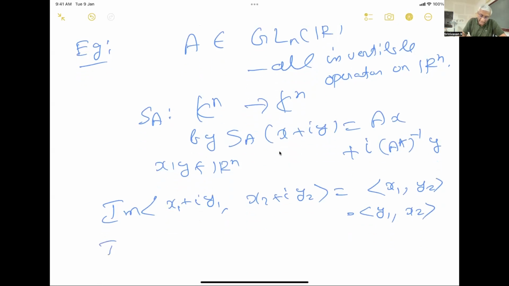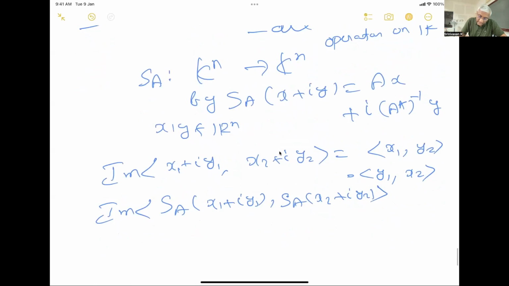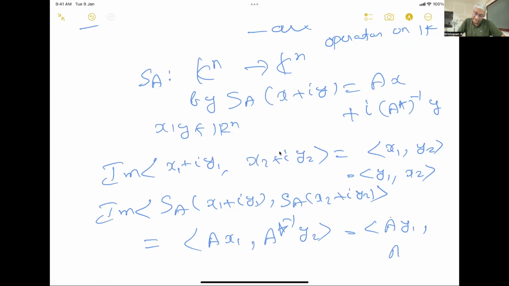On the other hand, if you calculate the imaginary part of the inner product of SA of x1 plus iy1 and SA of x2 plus iy2, this will be equal to the inner product of Ax1 with A star inverse y2 minus the inner product of A star inverse y1 with Ay2.